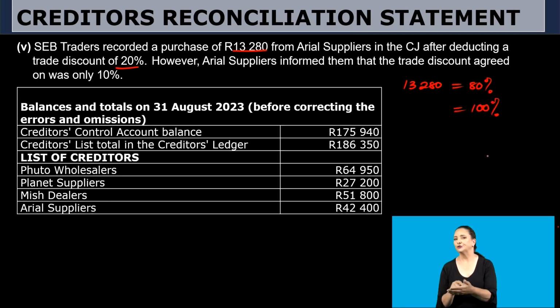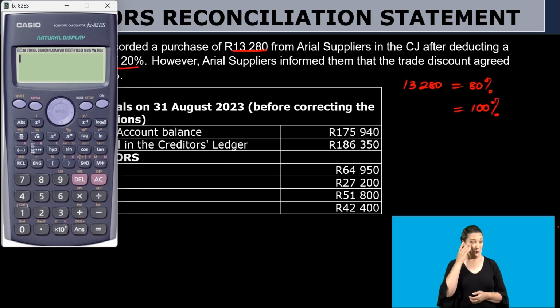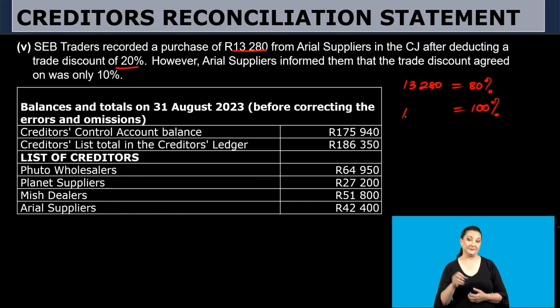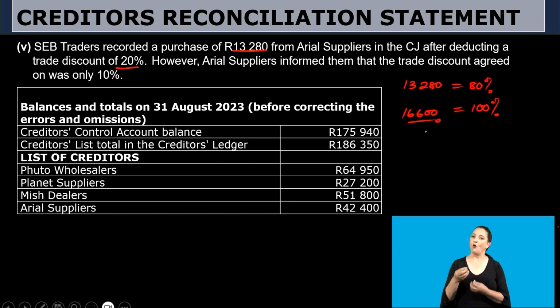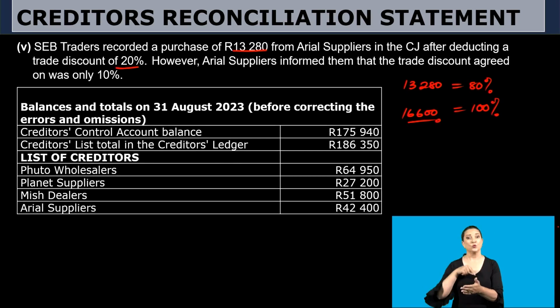So we would want to know how much was the marked price on these goods. It would mean that what I want is 100, and what I have is 80, and I multiply this by 13,280. That would give me 16,600. So 16,600 was the marked price on these goods before the trade discount, which we recorded as 20%.